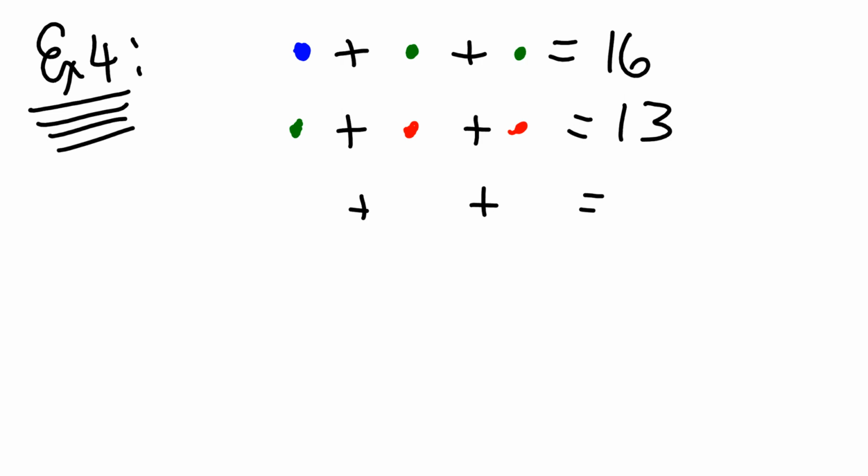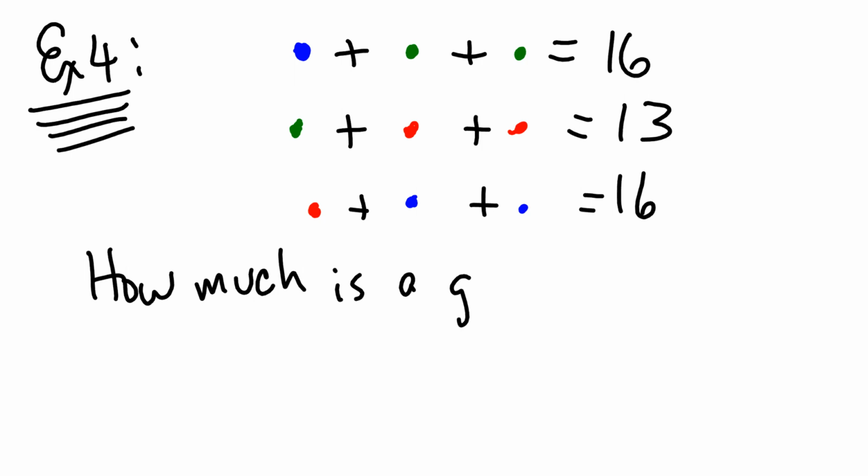If you have a red marble and 2 blue marbles, you get 16 points. This is worth pausing to think about for a moment. I'll go on in about 5 seconds if you don't pause the video to think about it.